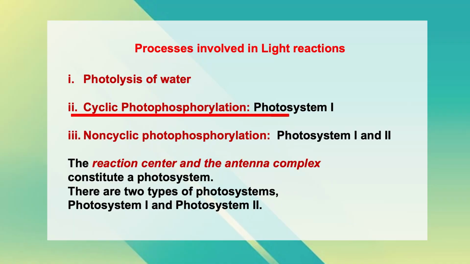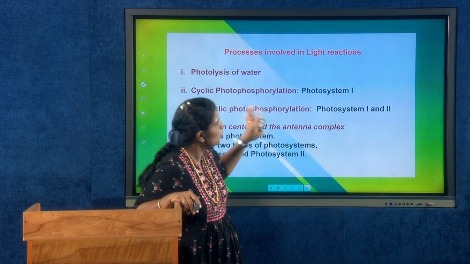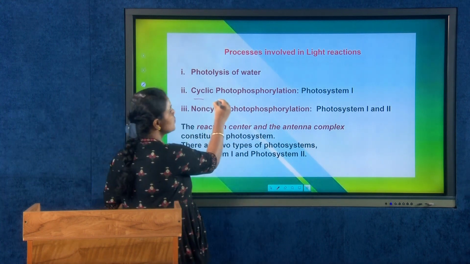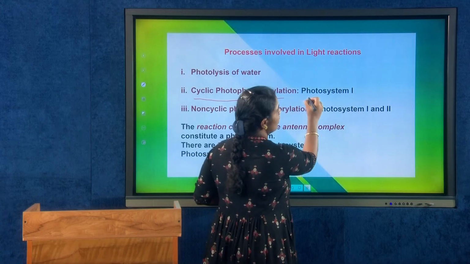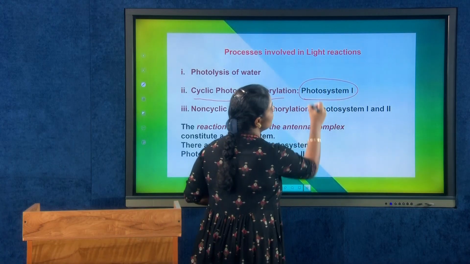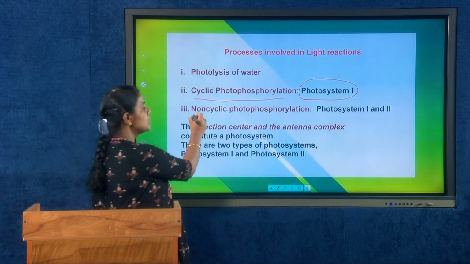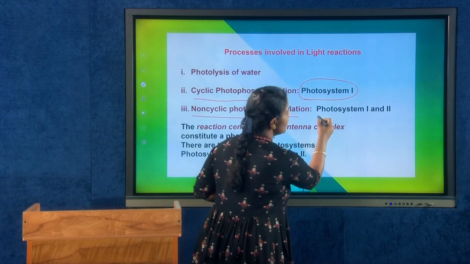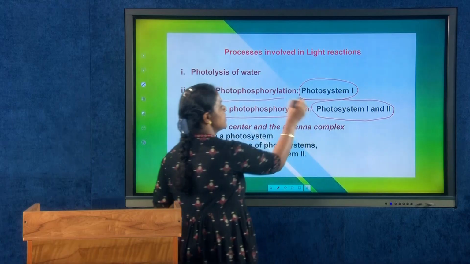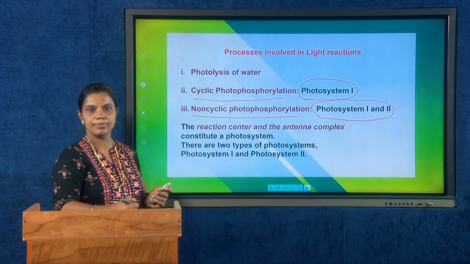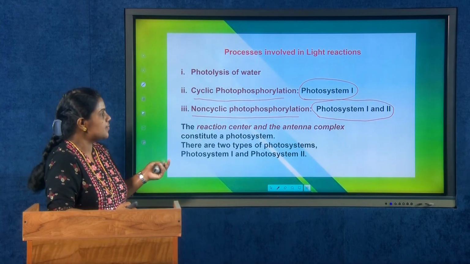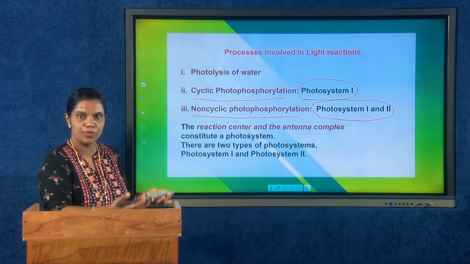The second process is the cyclic photophosphorylation. The cyclic photophosphorylation is performed by photosystem 1. Then we have the non-cyclic photophosphorylation that is performed by both photosystem 1 and 2. So, what are photosystems and what is photophosphorylation?